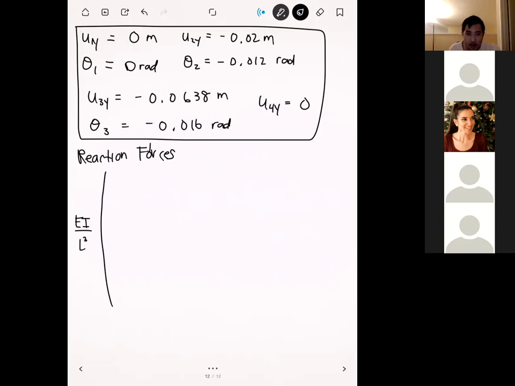So this is the step right after assembly, after assembly but before boundary conditions.